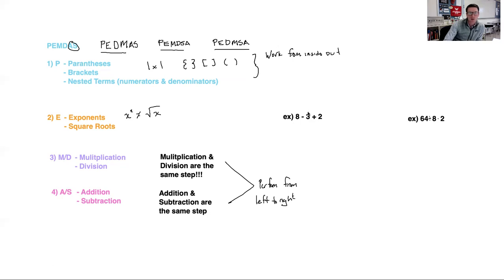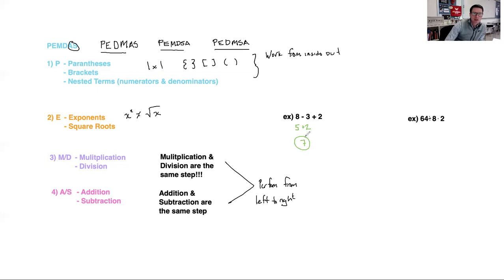So the first thing I'm going to do, believe it or not, is subtraction. So I'm going to say 8 minus 3 is 5. And that leaves the plus 2 in my next step. So then it becomes 5 plus 2, which is 7. Okay, this is the correct answer.